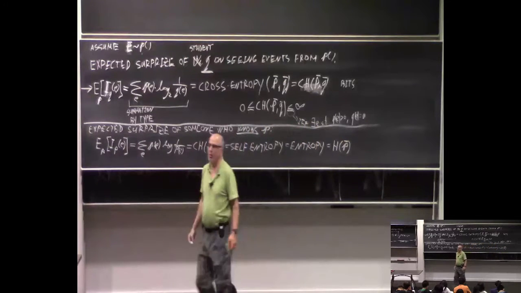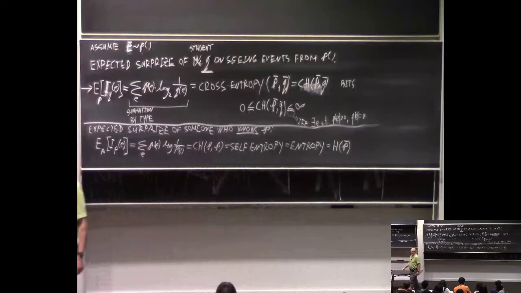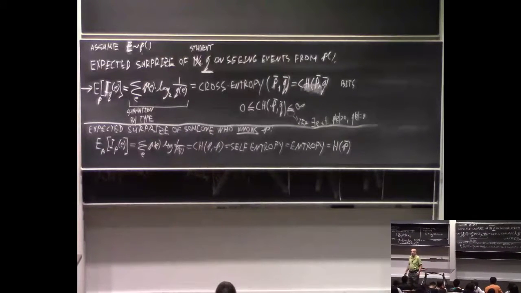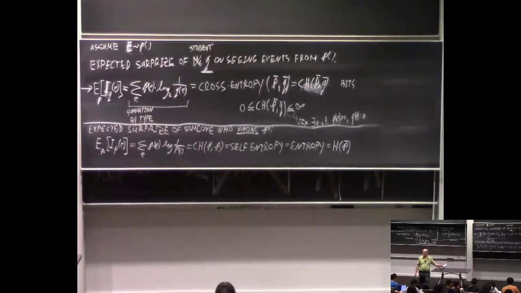So entropy, or self-entropy, can be thought of as a special case of cross-entropy where the two distributions are the same. Let's make sure we keep track of what all these things mean.